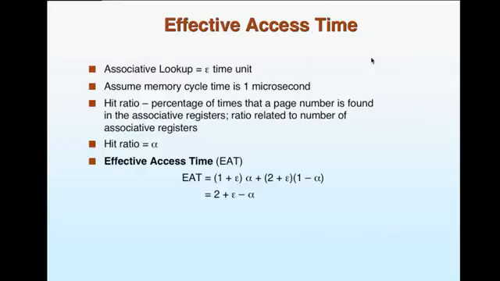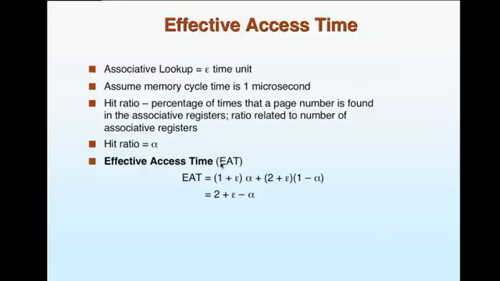So we talk about memory, we talk about the effective access time. The effective access time, or EAT, if you want to describe it, is the associative lookup time, which is the time unit. So we assume the memory cycle is 1 nanosecond or microsecond, and what we can do is create what's called a hit ratio, which is the percentage of time that the page number is found in the associative memory, the ratio related to the number of the associative registers, perhaps.